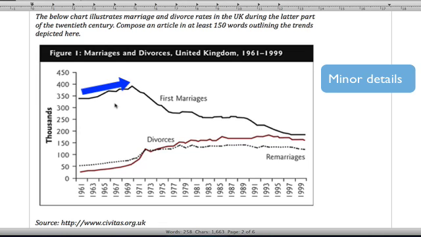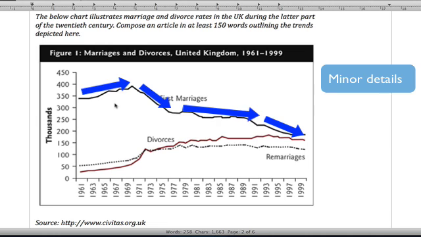There is a significant drop in these numbers between 1970 and 1977, and then a fairly consistent decrease until about 1993, when mild acceleration occurs to the progression of the trend. So those would make up the four minor details we will share in our response when addressing first marriages.